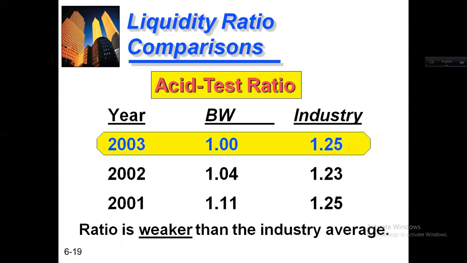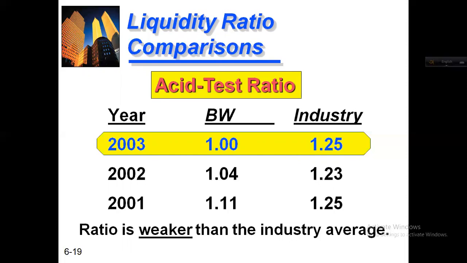So this is the acid test ratio trend analysis and cross-section analysis. From 2001 to 2003, you can see the quick ratio is 1.11 in the first year, 1.04 in the second year, and 1.00 in the third year. So comparing the trend, it is a little fluctuating, a little decreasing. Compared to the cross-section analysis, in the recent year 2003, our company's quick ratio is 1, whereas the industry average is 1.25.